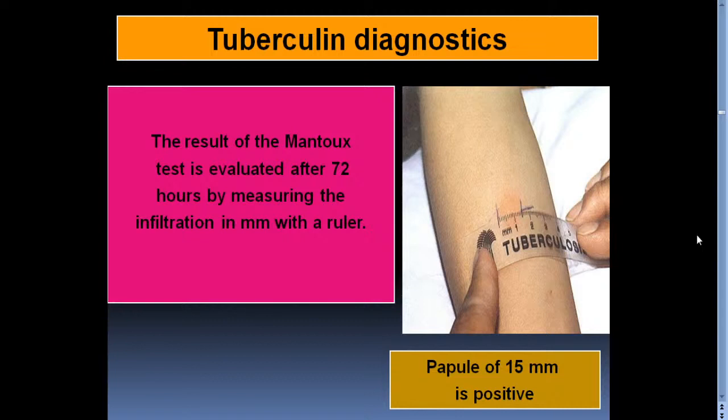The result of the Mantoux test is evaluated after 72 hours by measuring the infiltration in millimeters with a ruler. We usually use a transparent ruler. And on this photo you can see a papilla of 15 millimeters. It means the reaction is positive.